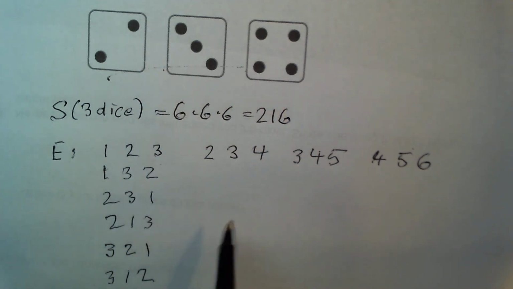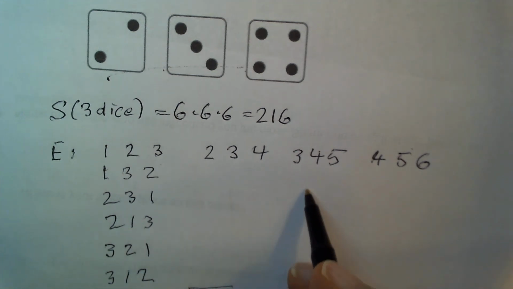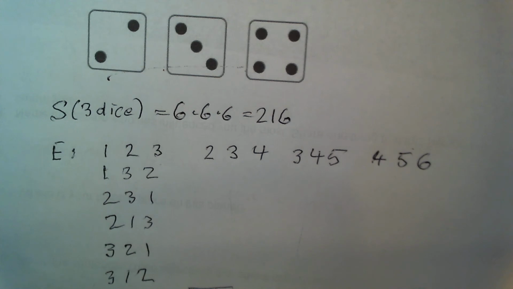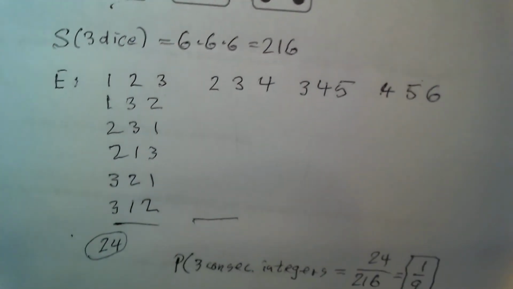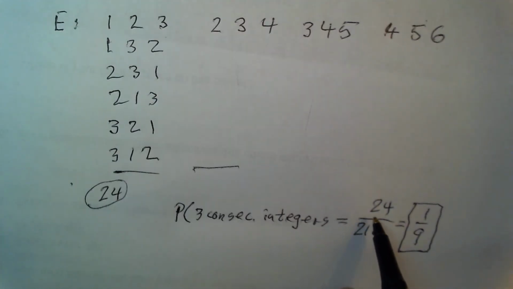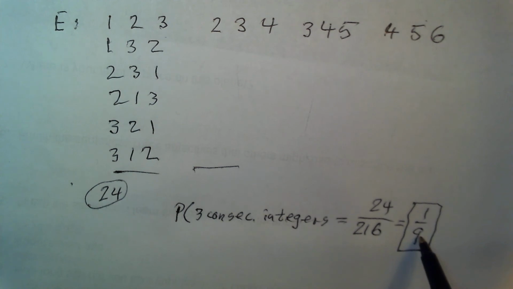So in other words, that's why each one has 6 possibilities. And then 6 times 4 is 24. So that's why the probability of 3 consecutive integers is 24 divided by 216, or 1 divided by 9.